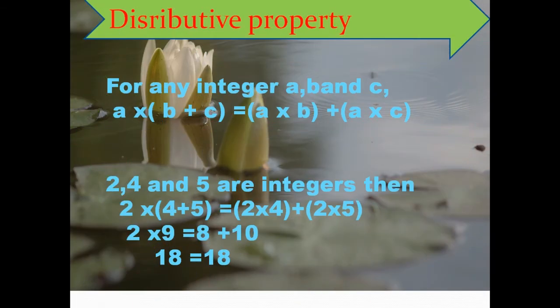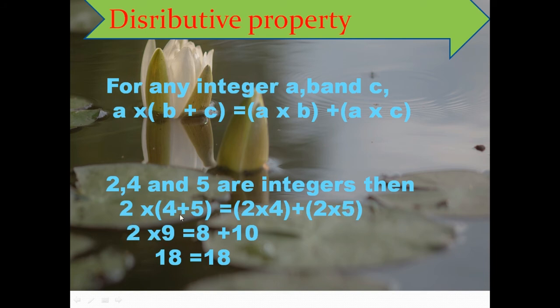Next, the distributive property. For any integers a, b and c, three integers I am taking here, a into (b plus c) is equal to a into b plus a into c. Here one example: 2, 4 and 5 are integers. Then 2 into (4 plus 5), within the brackets, is equal to 2 into 4 plus 2 into 5, expanding this one.